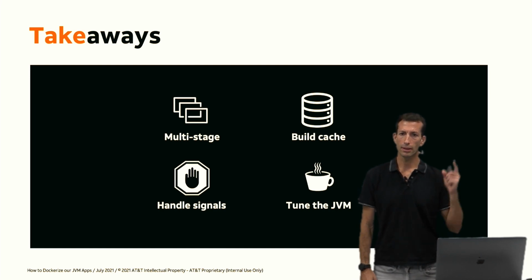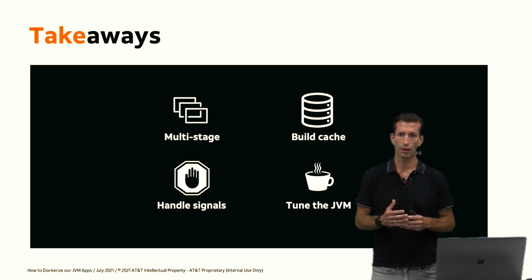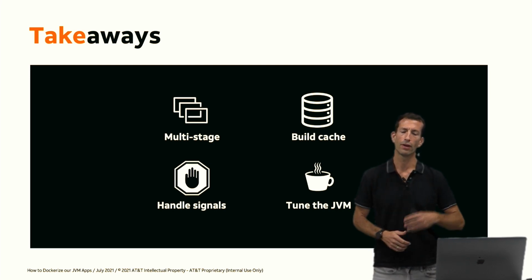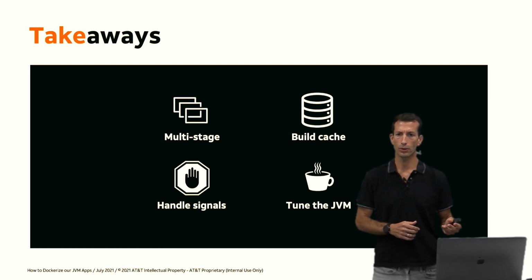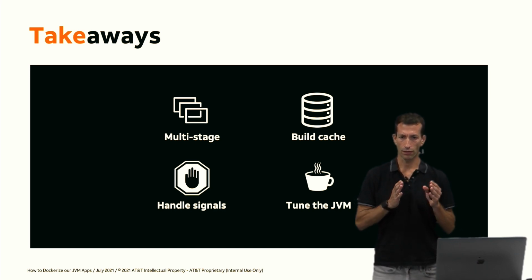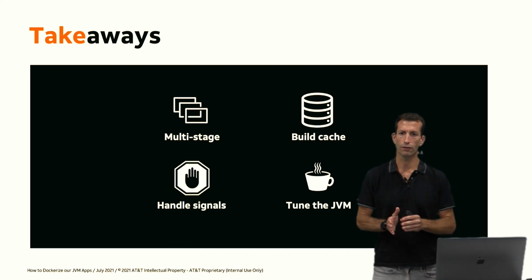And last but not least, tune your JVM. Don't accept these defaults that have to do with how much memory I have, how many CPUs I have. If there are things that you would like to be fixed for all environments, then take the initiative and add those flags.